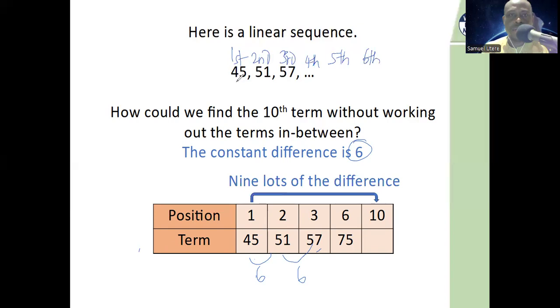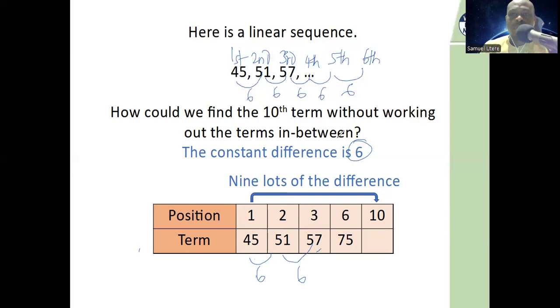So to get from here to here, 1 lot of 6, 2 lots of 6, 3 lots of 6, 4 lots of 6, 5 lots of 6. I'm sure you spotted the pattern. Every time we're looking for the term of a sequence, we would have added 1 less number of lots of the constant difference. And that is what we're going to do.